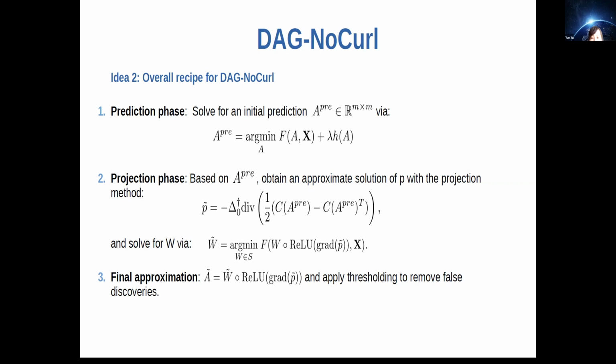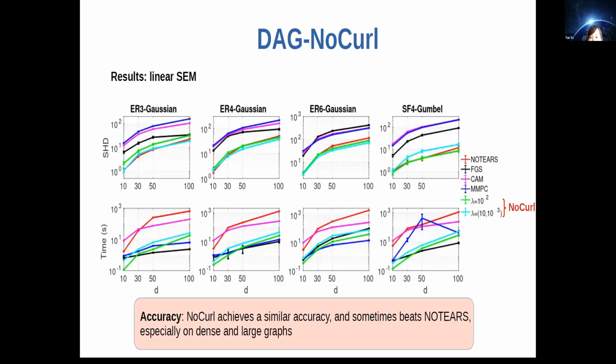Instead of NOTEARS or NOFEARS, where we need to solve the unconstrained optimization problem many times, like tens or hundreds of times, here we only need to solve it twice. So that greatly accelerates the learning.